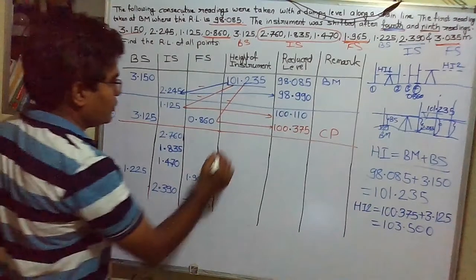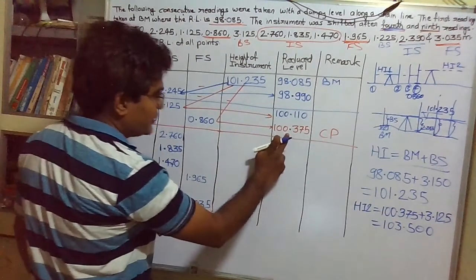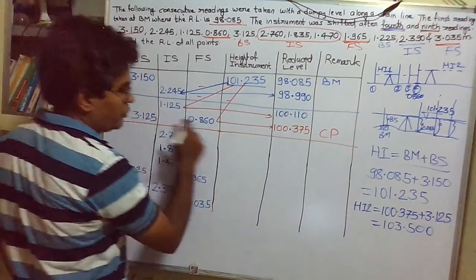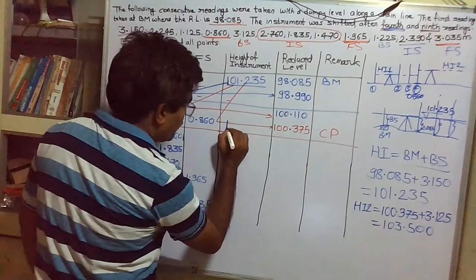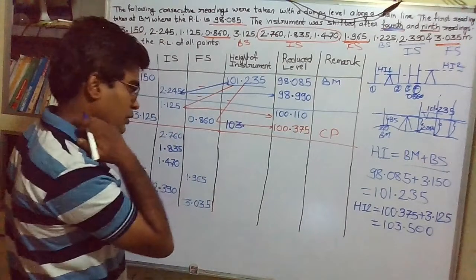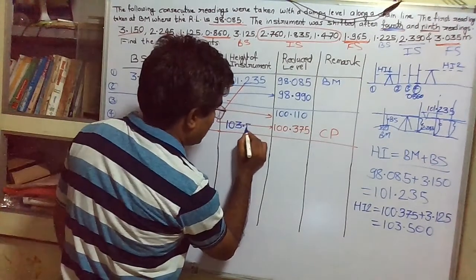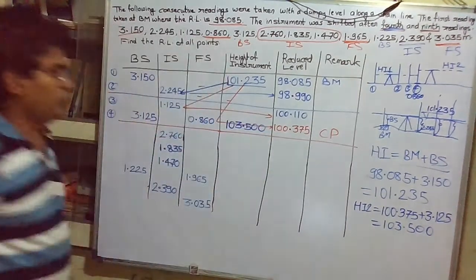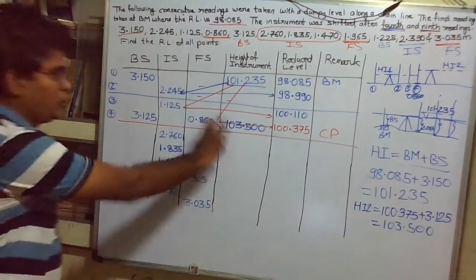So our new HI is 100.375 plus 3.125, that is 103.500. This is now our new HI.